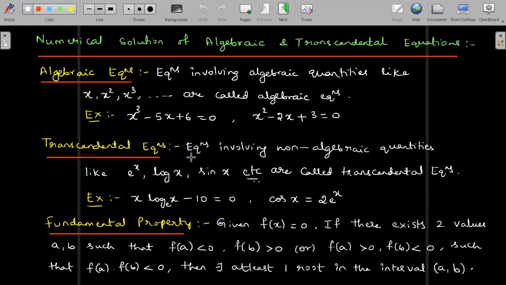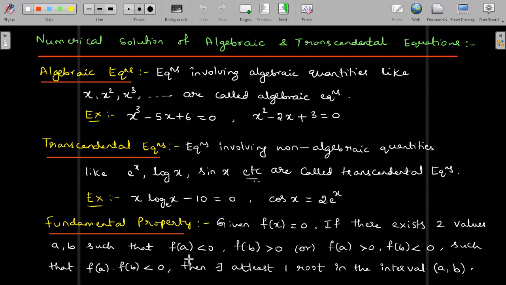Now we will know about a fundamental property to do problems. So this fundamental property is going to help us to select the interval while doing the problems. So given f of x is equal to 0, if there exist two values a comma b such that f of a and f of b are of opposite signs.